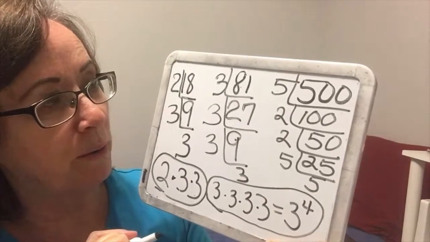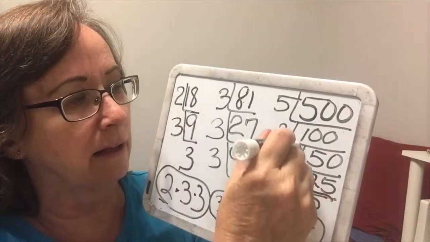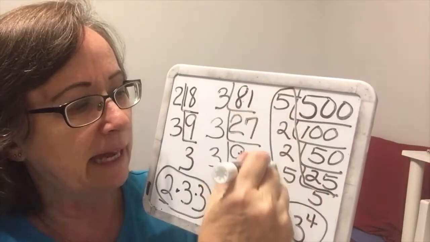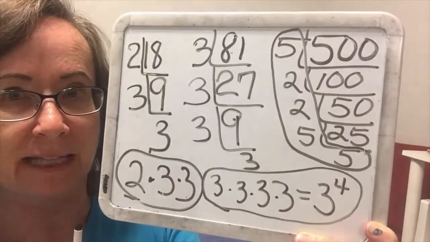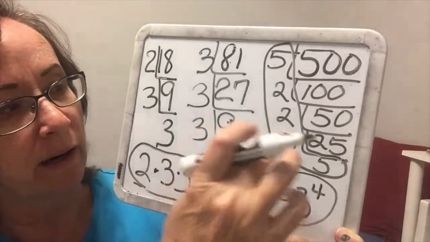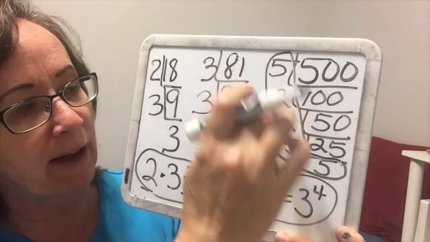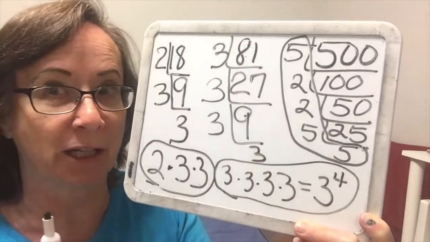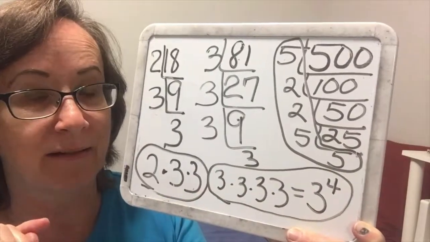Okay, so I'm about to write the prime factors of 500 in order on the next board. So for the prime factors of 500, we had 2 times 2 times 5 times 5 times 5. So here we're going to go to another board where we're going to see all of these written down by themselves.